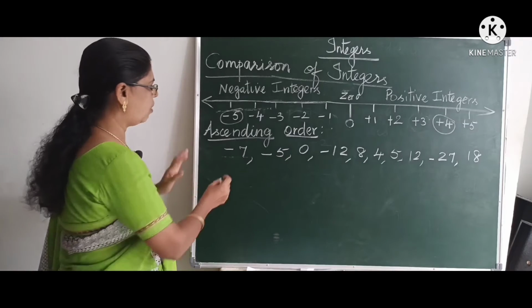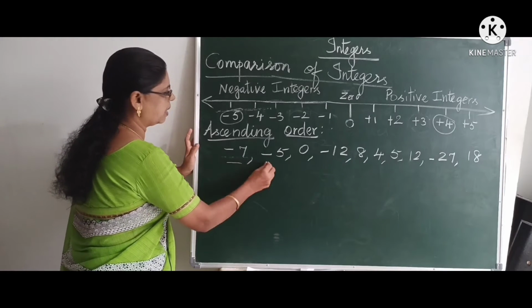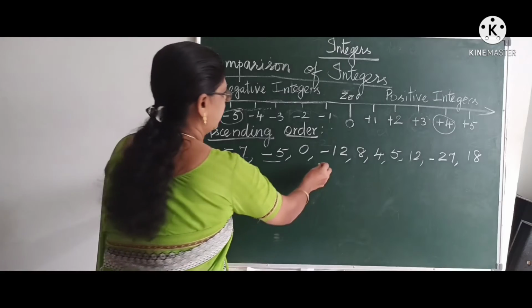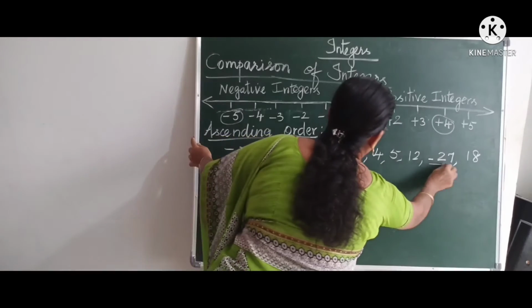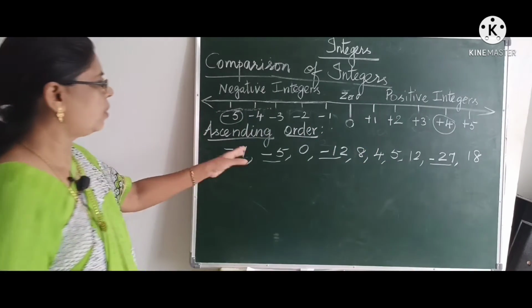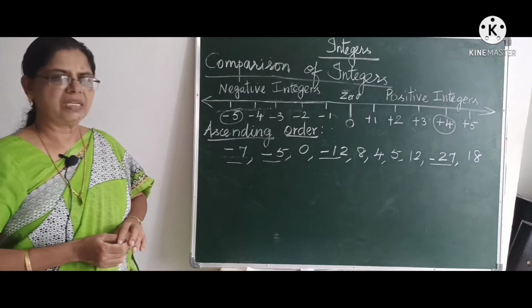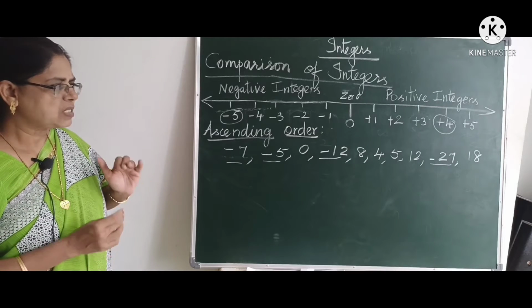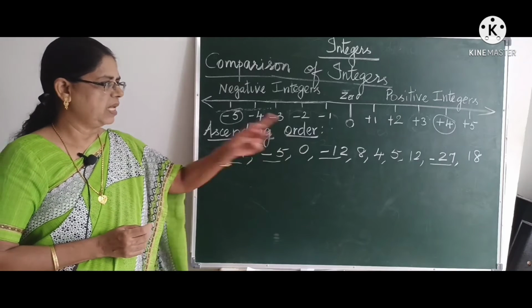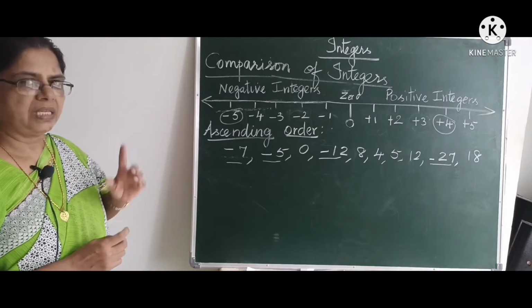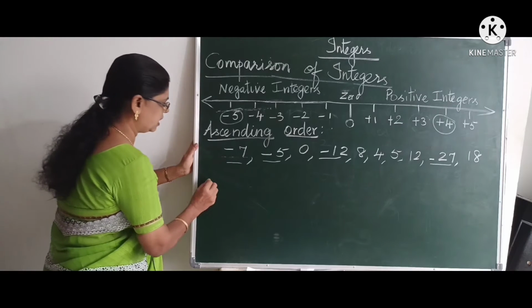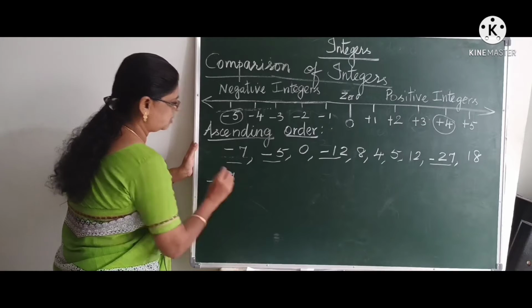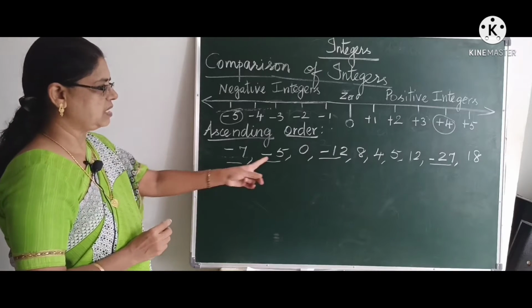Now let us collect all the negative integers. Minus 7, minus 5, minus 12, minus 27. There are 4 negative integers. Can you tell which is the smallest negative integer here? Yes, you are correct. Minus 27 is the smallest negative integer here.